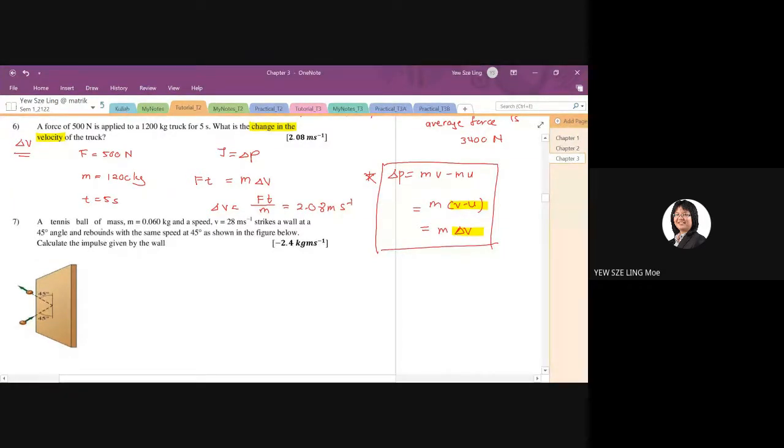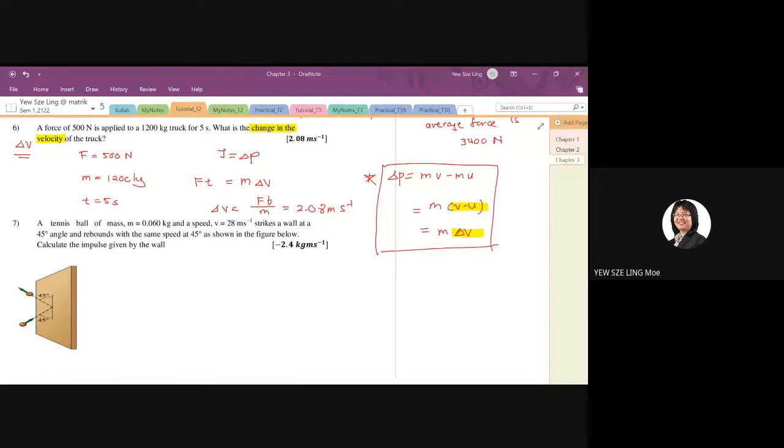A tennis ball of mass m equals 0.06 kg and a speed of v equals 28 meters per second strikes a wall at an angle of 45 degrees, and it rebounds at the same speed as shown in the figure below. Calculate the impulse given by the wall.